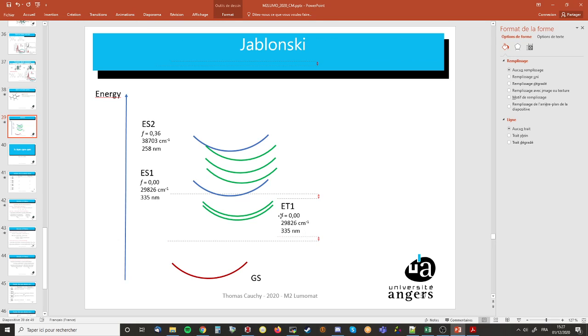In T1, you will always have an oscillator strength that is 0.